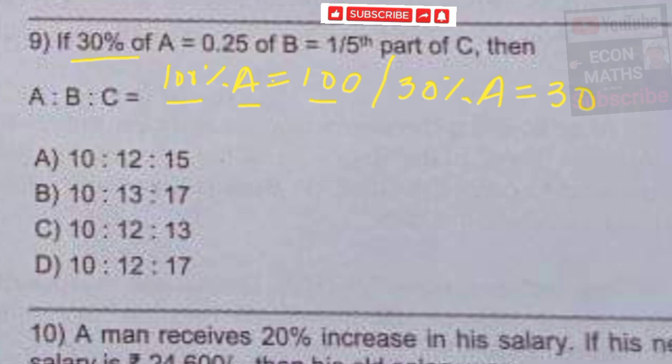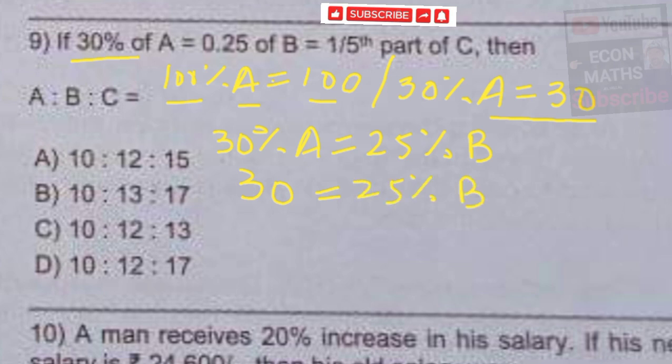Now 0.25 is 25%. That means 30% of A is equal to 25% of B. Now 30% of A we have calculated, this is 30. So 30 is equal to 25% of B, or B is equal to simply 30 divided by 25%.